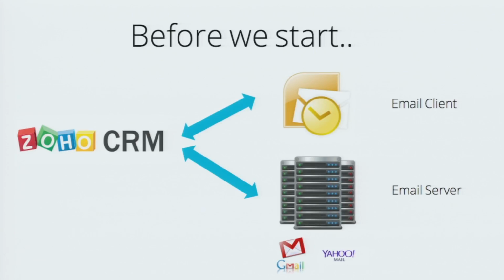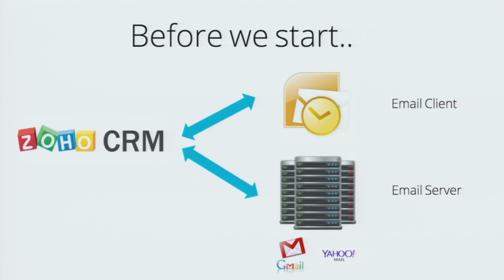There's client-side integration, which is like Outlook, and server-side integration, which is the mail add-on. You can use both of them at the same time as well. For an email server, for those of you who are on Google Apps, Gmail, Yahoo, Exchange, you can bring that information directly from that server into the CRM without having to use Outlook or any other application.